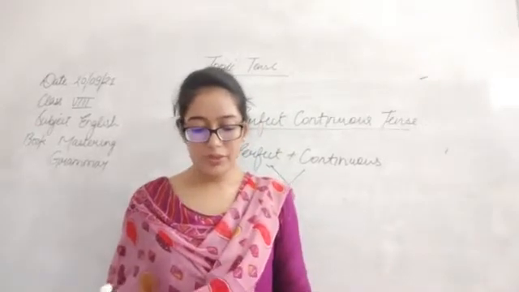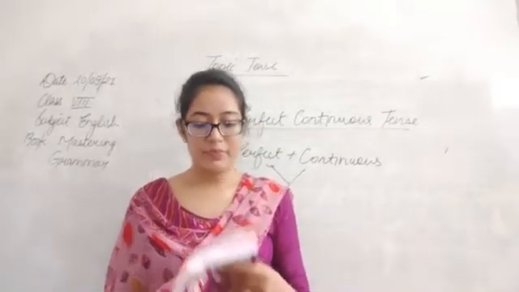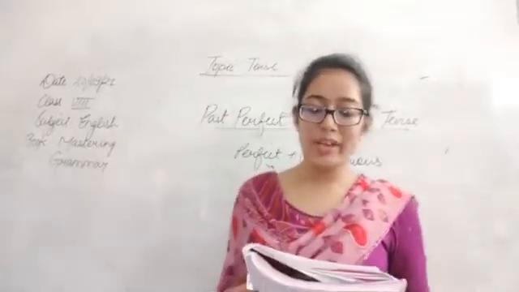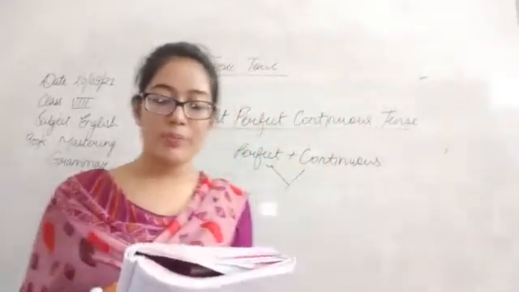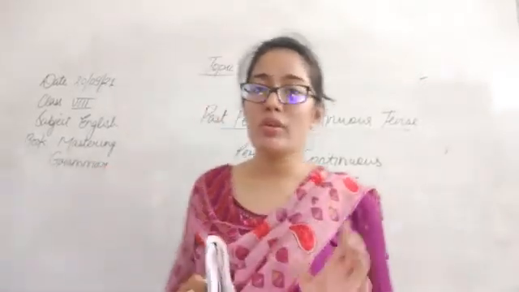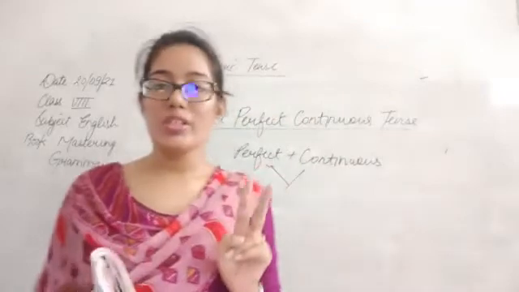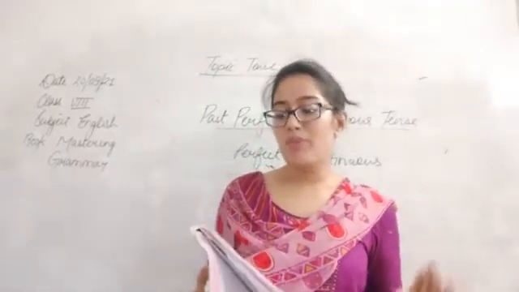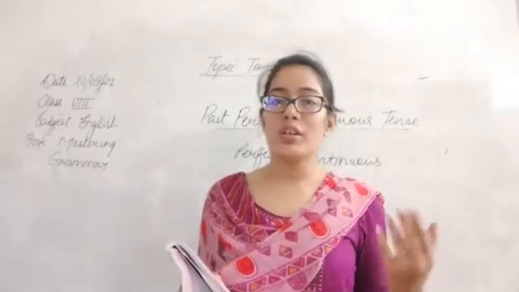past perfect continuous features. Past perfect continuous tense is used to show an action that had been going on before another past action. Okay, so we have already talked about this, that two actions are taking place and the action is going on before another past action starts.